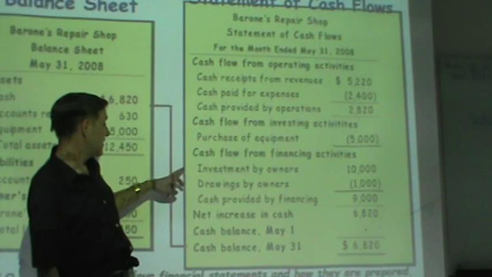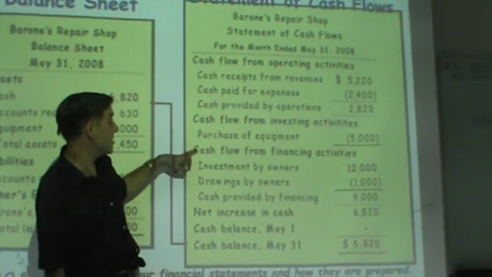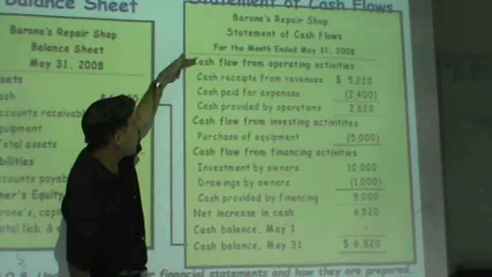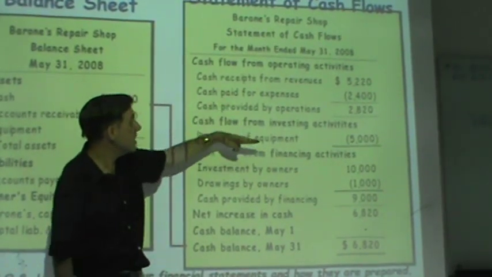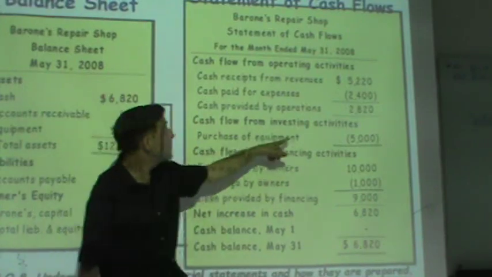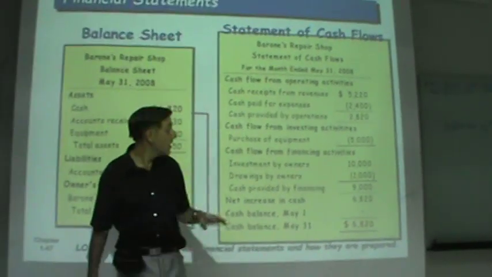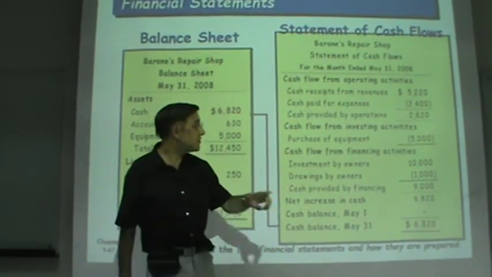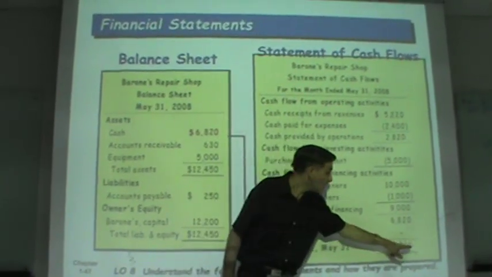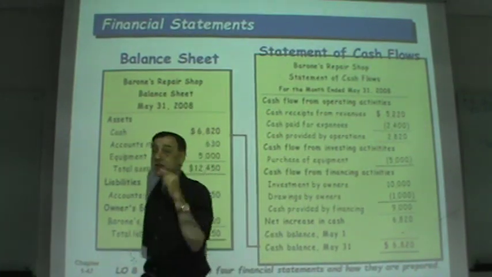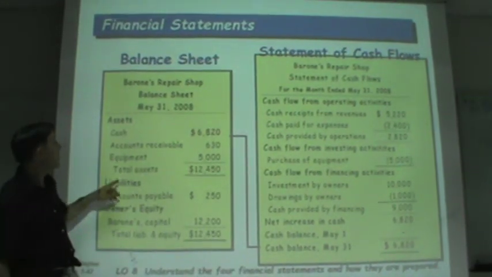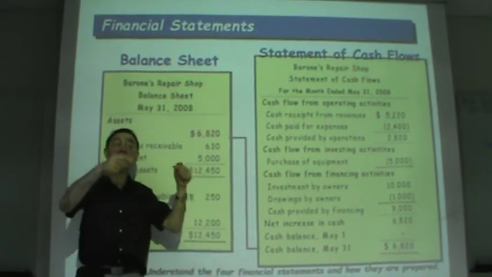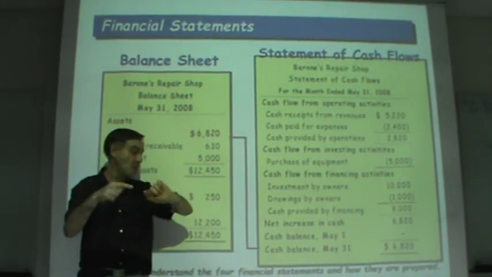So cash flow from operating, from investing, and from financing. Okay? So investing is only this number. And it gives you the final number over here. And this final number, 6,820, must equal this one here, 6,820 from the balance sheet. So the numbers must correspond.